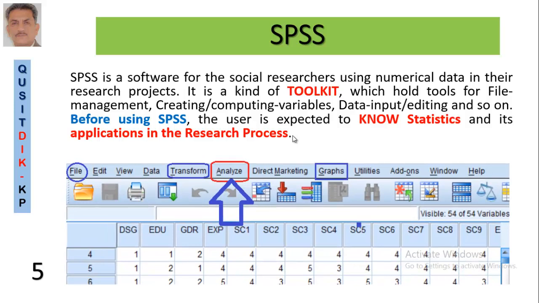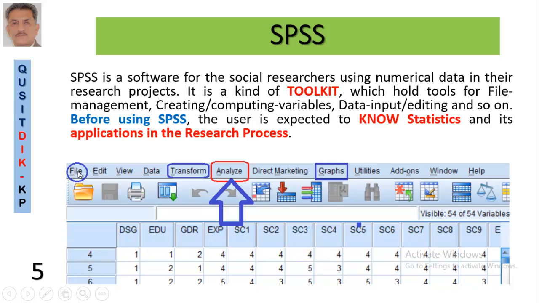When we start SPSS, the view on the screen is like this, and here is the main menu bar, just for having an image of SPSS in your mind. You can see that this menu bar includes many toolkits like File.